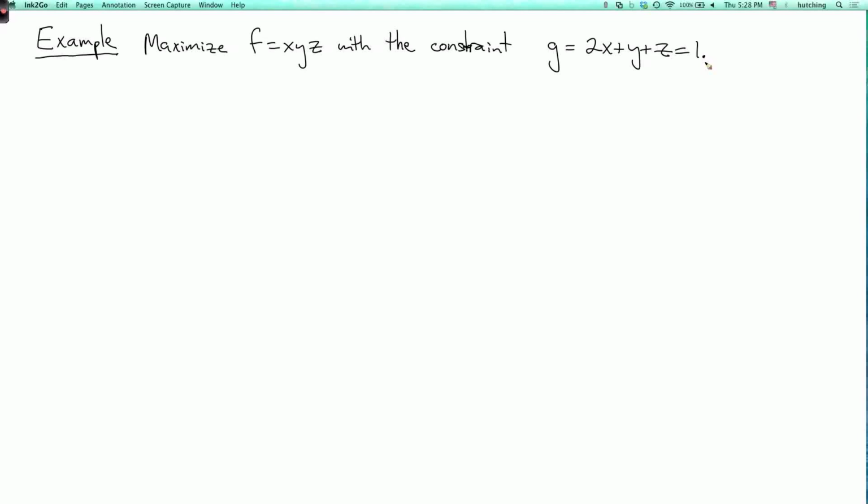Okay, now here's how we do this with Lagrange multipliers. Let me also specify that we're requiring that x, y, and z are greater than 0. Okay, so we need to solve the two equations. Gradient of f equals lambda times the gradient of g, and g equals k.